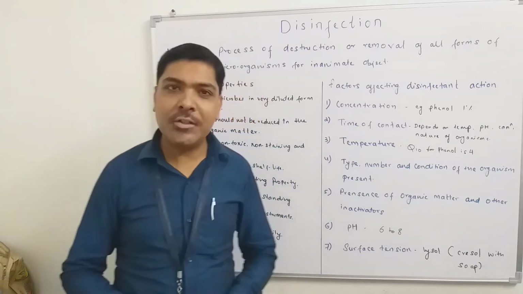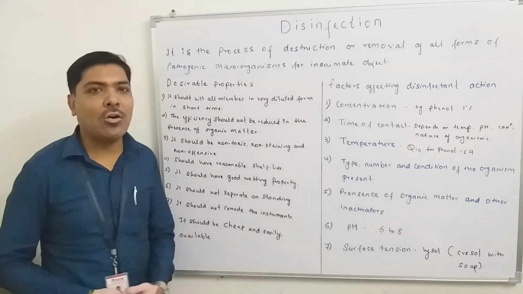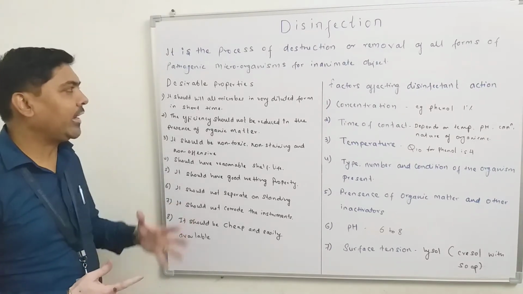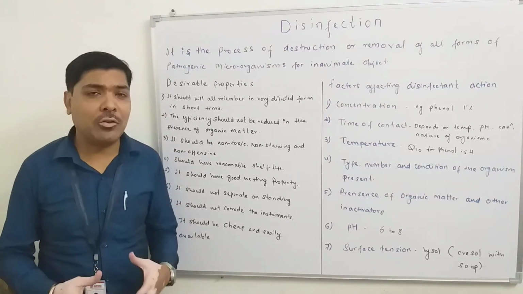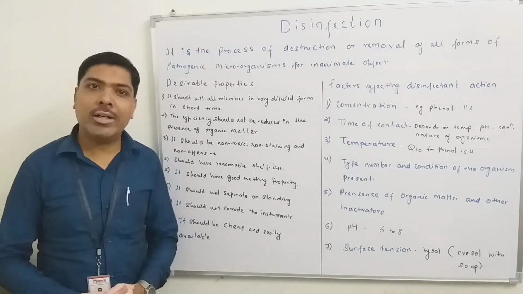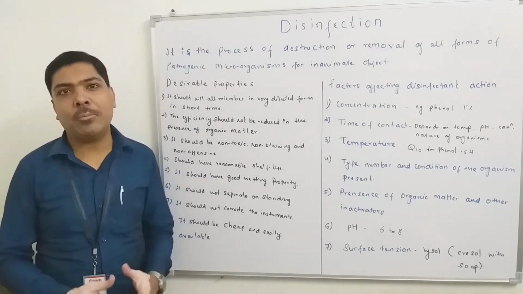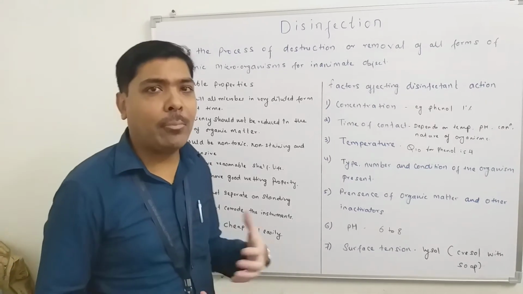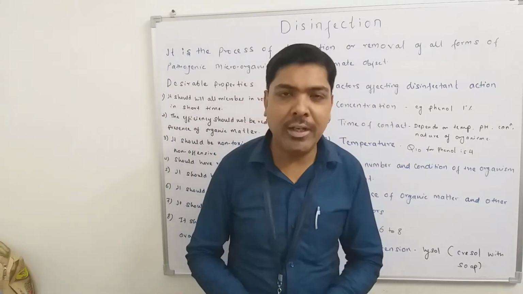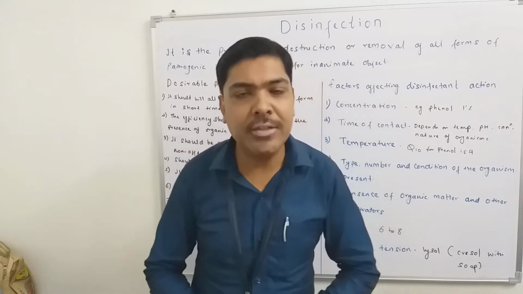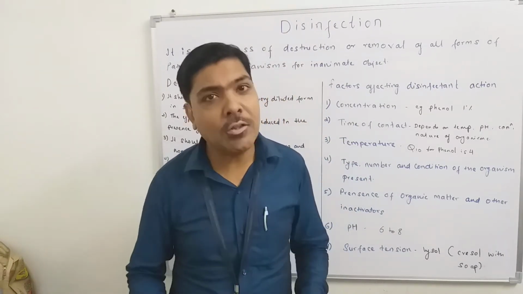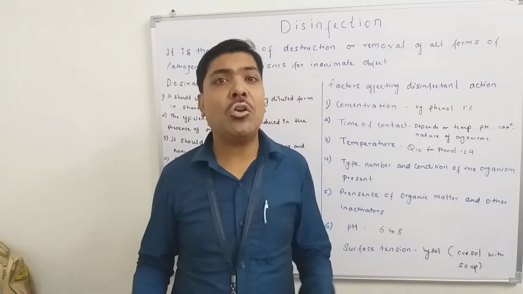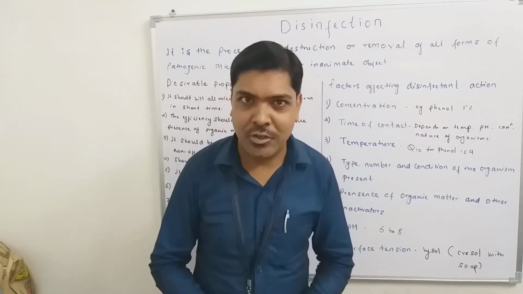So coming to the first point, that is the ideal properties of a disinfectant. The first ideal property of a disinfectant is that it should kill all the microorganisms at a very low concentration in a very short period of time. Definitely when we are applying any disinfectant, especially in some pharmaceutical industries or hospitals, it is generally desirable that we cannot go for a very large concentration.